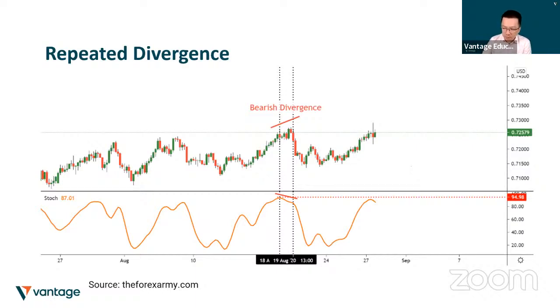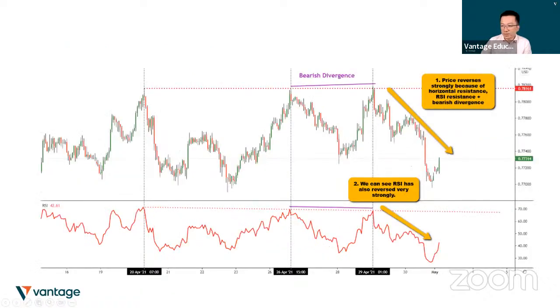So SNR is support and resistance levels. Support and resistance levels is when we see, let me find a better example there. When price has hit a horizontal level, hit and turned back down, hit and turned back down, hit and turned back down, that's what we call a resistance level.